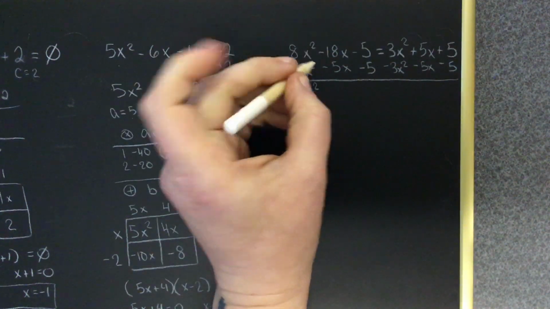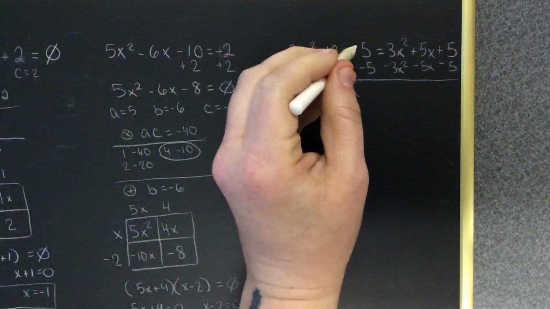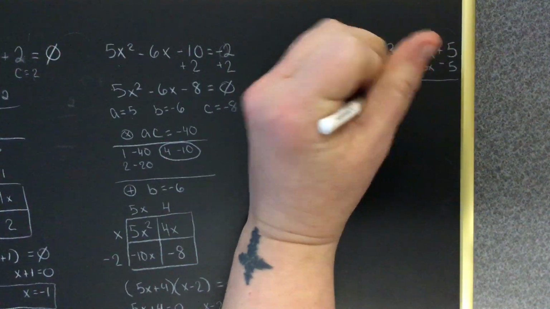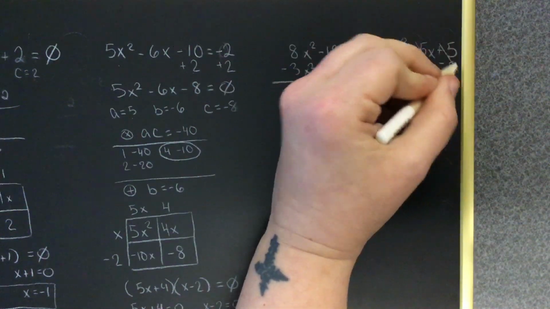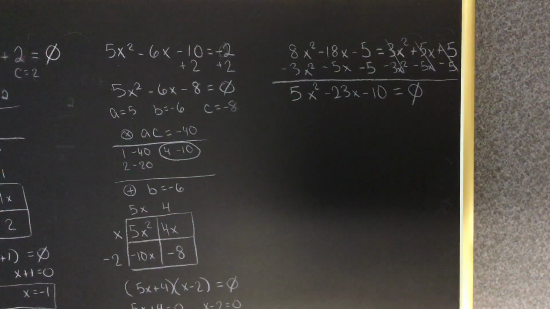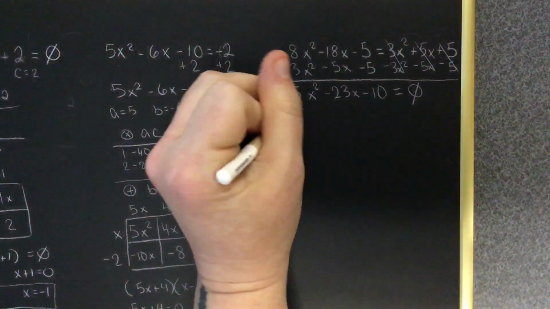Negative 18 minus 5 is negative 23x. Negative 5 minus 5 is negative 10. Is equal to, those cancel to 0, that cancels to 0, and that cancels to 0. So I'm left with nothing but 0 on that side. Now I can factor this to find my x values.